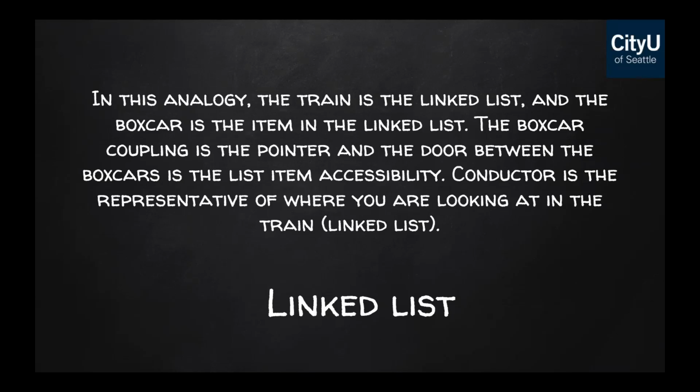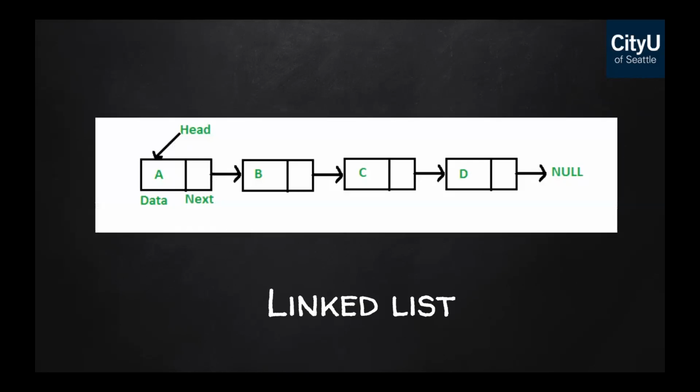Okay. Conductor is the representative of where you are looking at in the train in the linked list. Okay, so here's how it looks. So you have, let's say, an object. We call this a node, and this is a node, this is a node, and this is a node.